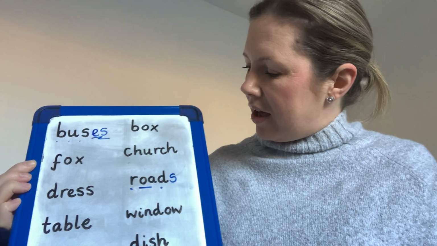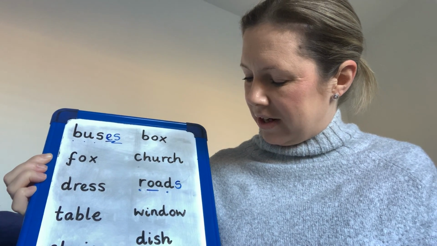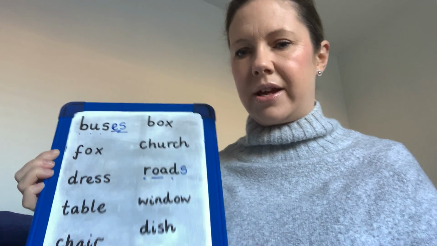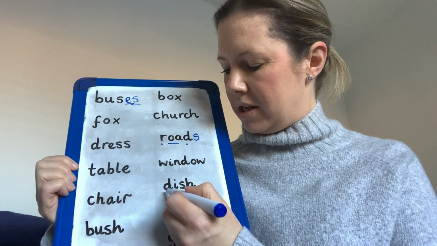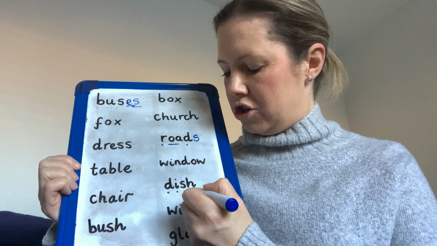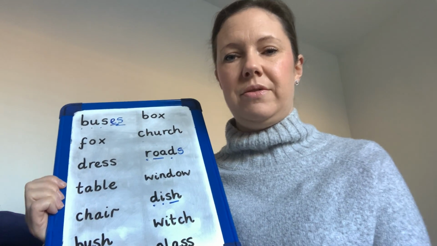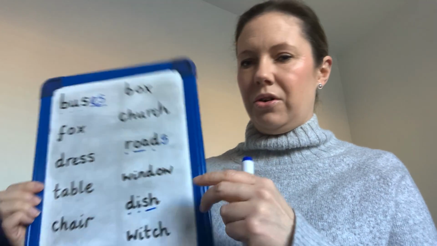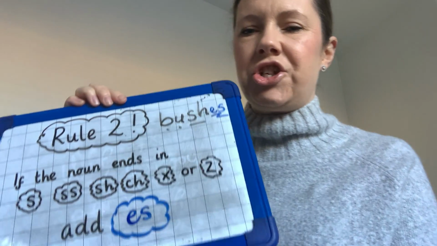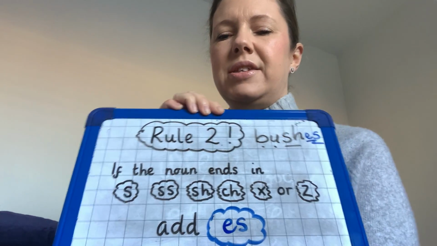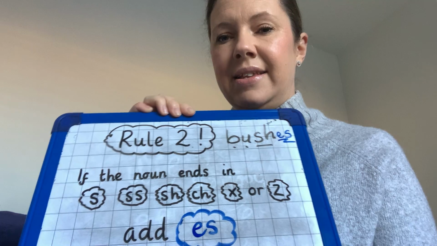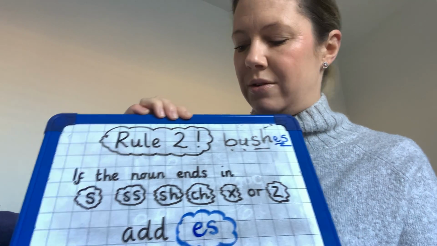Okay? We'll do one more, I think. Let's have a little look. Okay, down here, I've got the word dish. So let's have a look back at our rule. Now, dish, in that root word, the smallest part of that word, ends in a sh sound.